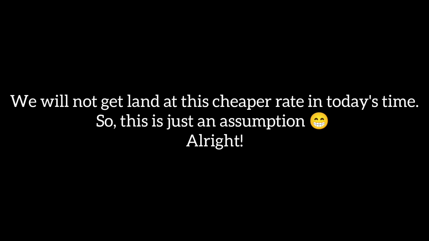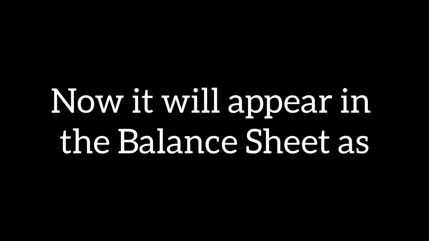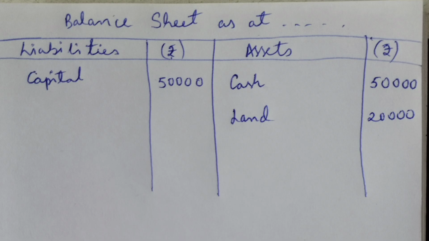The land's worth is, just assuming, 20,000. So you have taken a loan from the bank of 20,000 and you purchased that land for 20,000. So on the asset side, you will be writing land 20,000 and bank loan 20,000.